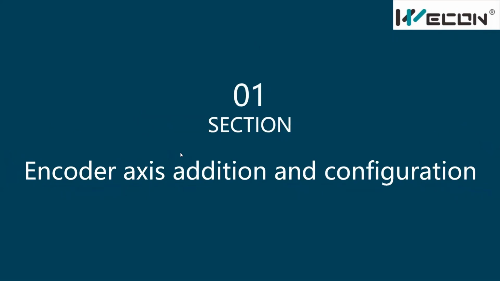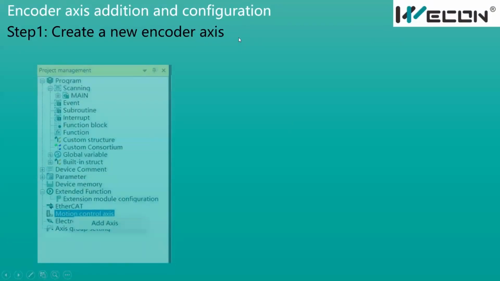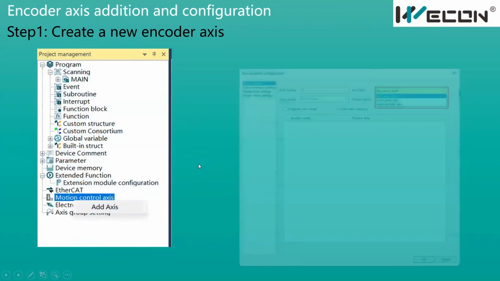So first, I will introduce encoder axis addition and configuration. Here, in our software, on the right side, we can see project management, and we can right-click this motion control axis to add axis.